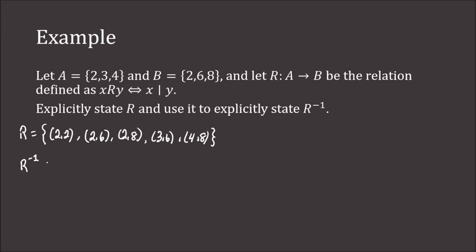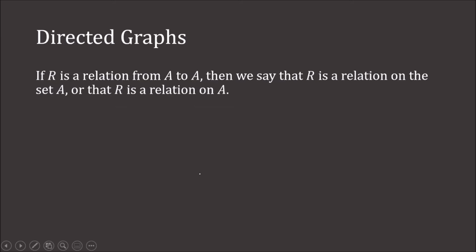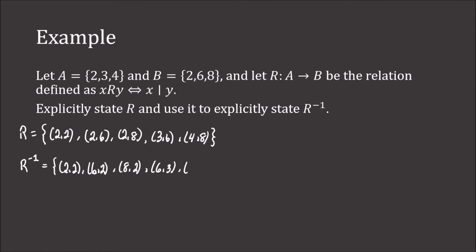So our inverse, all we do is we take each ordered pair and flip the order. So we have (2, 2), (6, 2), (8, 2), (6, 3), and (8, 4).